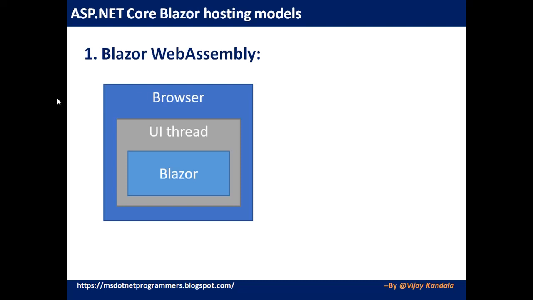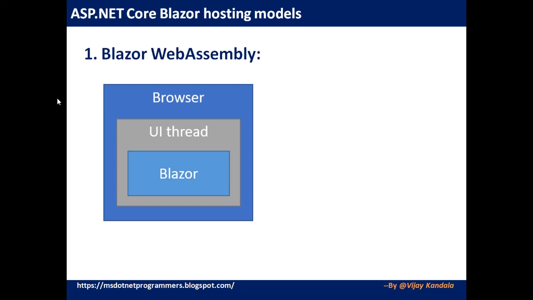With this hosting model, the application runs directly in the browser on WebAssembly. So everything the application needs, that is the compiled application, its dependencies, and the .NET runtime, are downloaded to the client browser from the server.